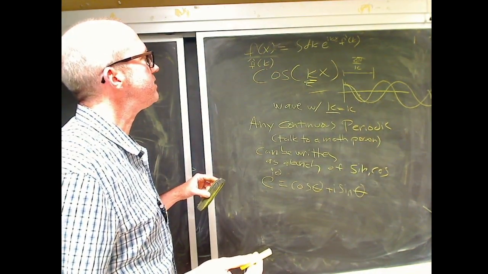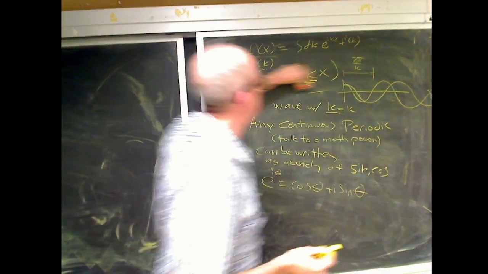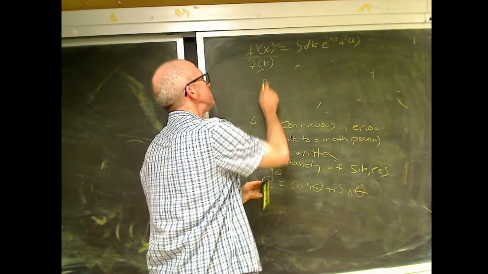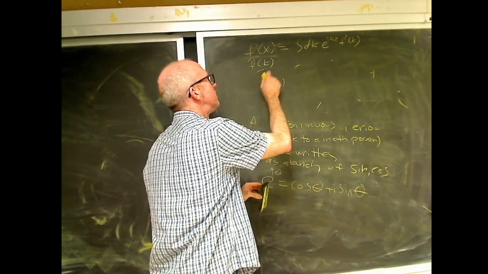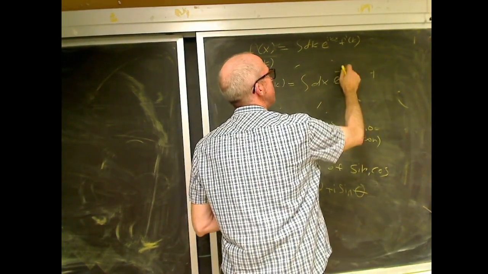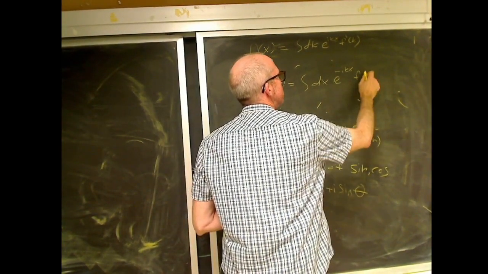This is relatively simple. And then the other way, if you write down the inverse, f hat of k is the integral of dx e to the minus i k x f of x.